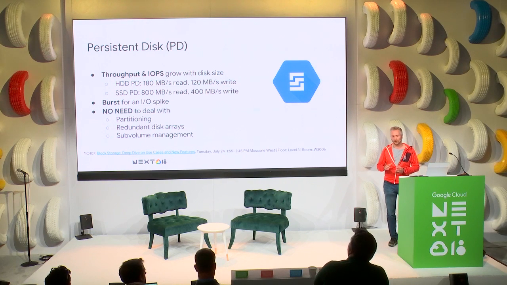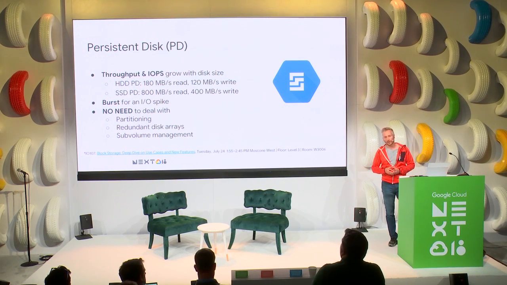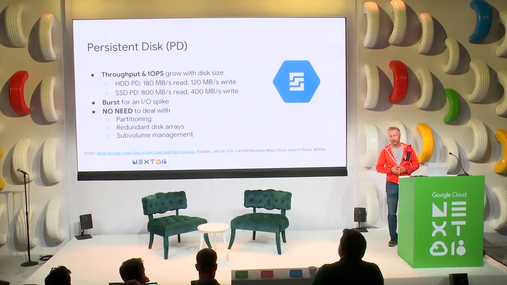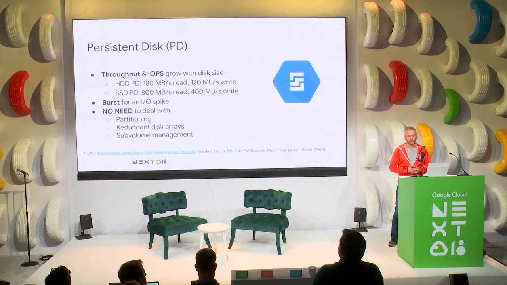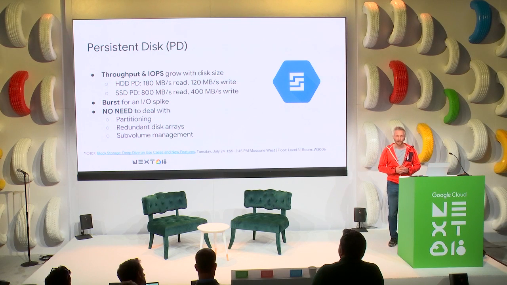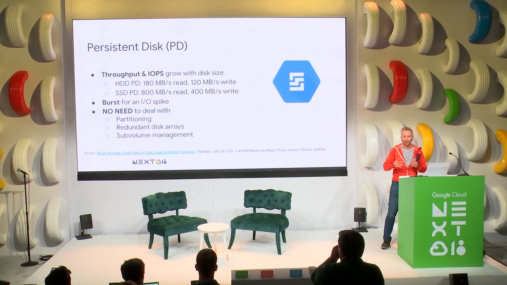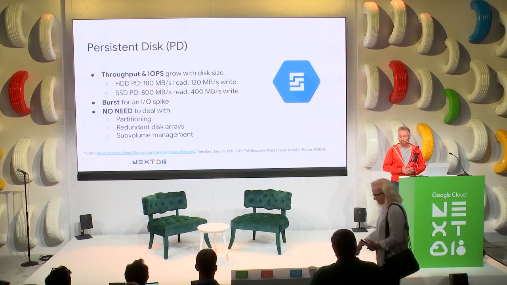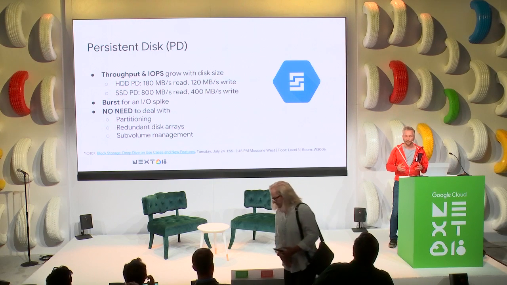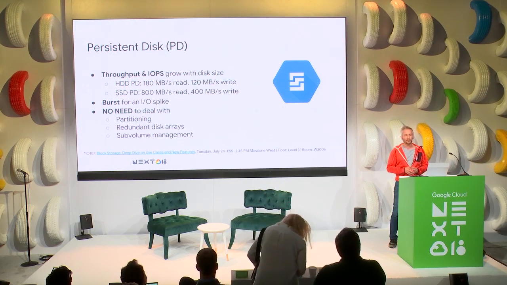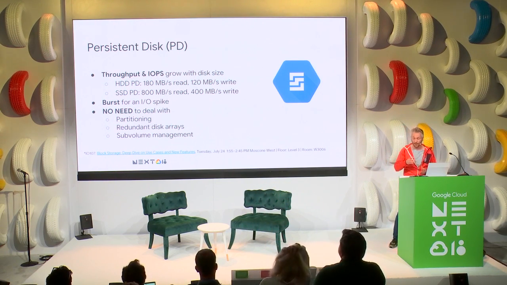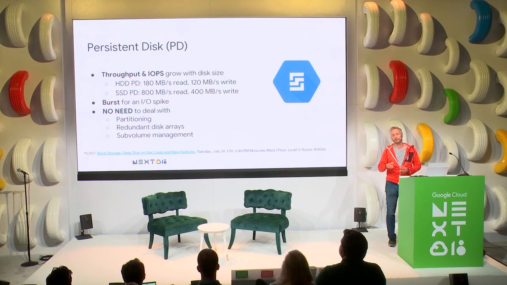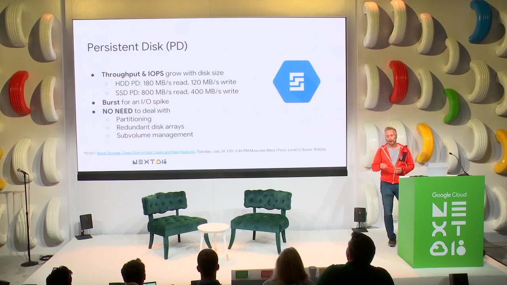Moving on to persistent disk. As I mentioned before, with Compute Engine, throughput and IOPS scale with the size of the disk. And depending on whether you're using HDD or SSD, you have different read or write metrics, as can be seen here. For SSD, which is our higher performance option, you have 800 megabytes per second read and 400 megabytes per second write.